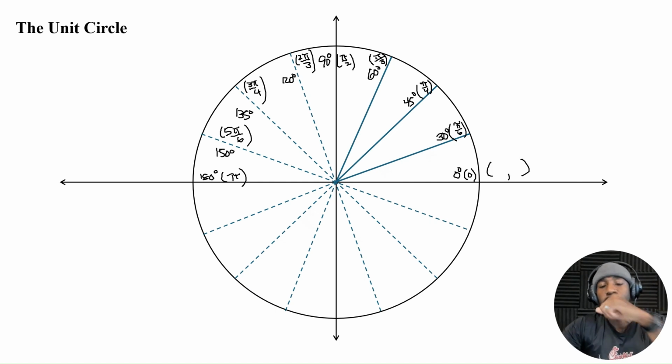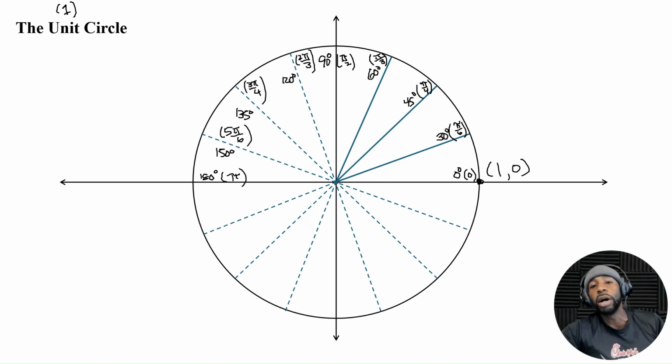So now let's talk coordinates. This is the unit circle. Unit means 1. So that means the radius around the whole circle from the center to the edge is always 1. So at the beginning, starting at 0 degrees, the x value is 1. The y value, since we're on the x-axis, is 0.